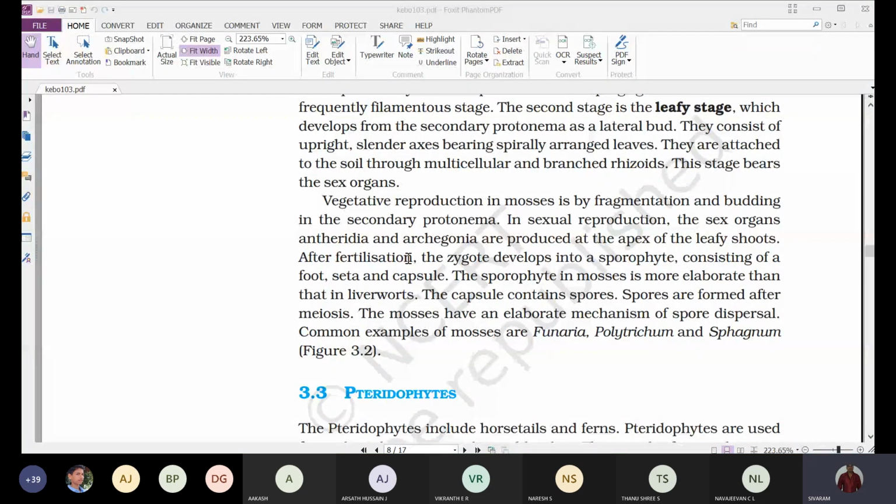Some of the cells present inside the capsule will undergo meiosis and produce haploid spores. Spores are formed after meiosis.